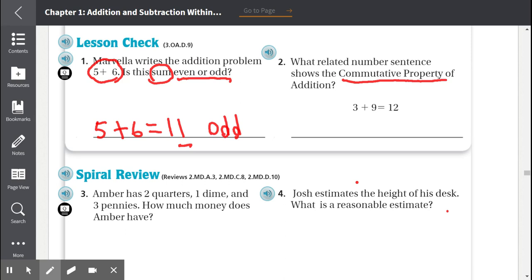And the two numbers we're adding are 3 and 9. So we switch the order. So 3 and 9 becomes 9 plus 3. All I did was switch the numbers. So if 3 plus 9 equals 12, that must mean 9 plus 3 also equals 12.